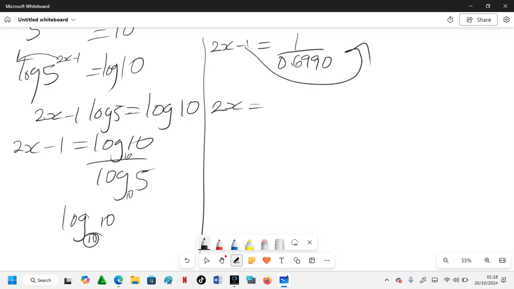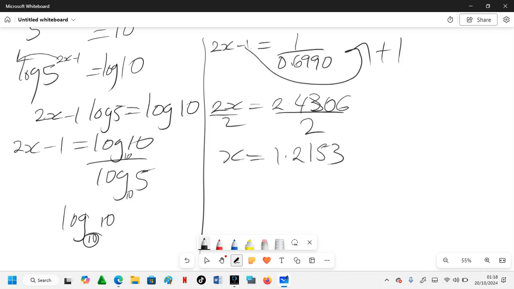So 2x is 1 over 0.6990, and then plus 1, so that we have 2.4306, divided by 2, x becomes 1.2153.